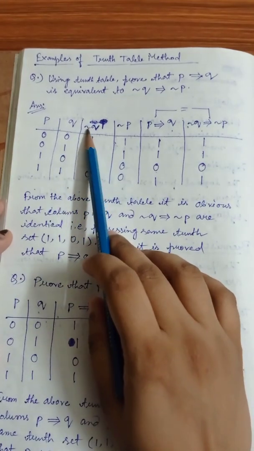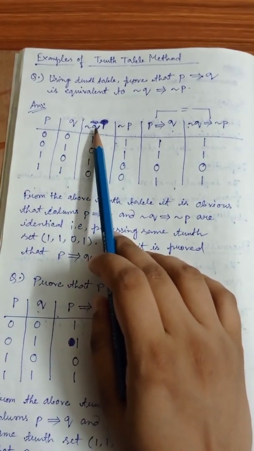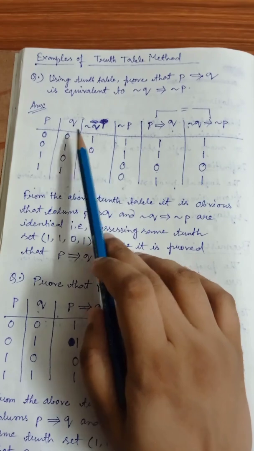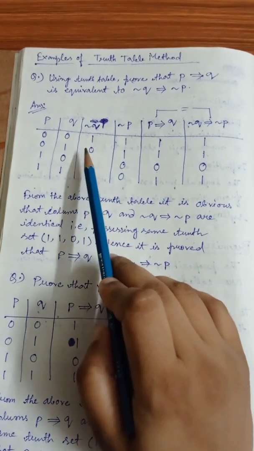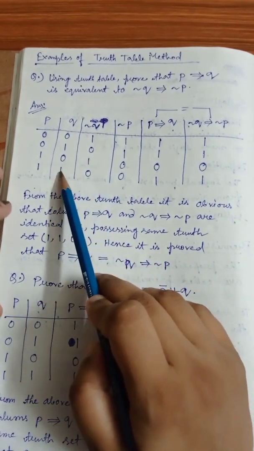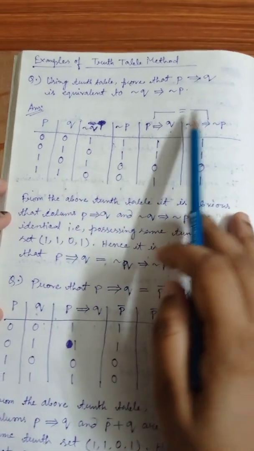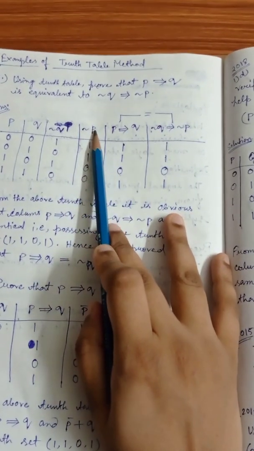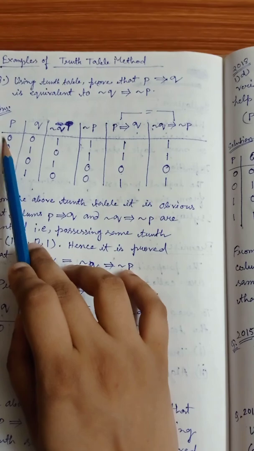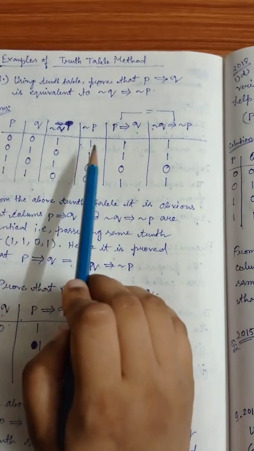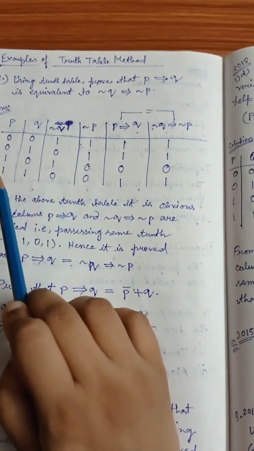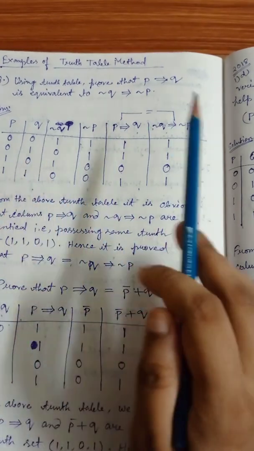So first we calculate negation of Q. Here 0 becomes 1, 1 becomes 0, 0 becomes 1, 1 becomes 0. Next, negation of P. So 0 becomes 1, 0 becomes 1, 1 becomes 0, 1 becomes 0.